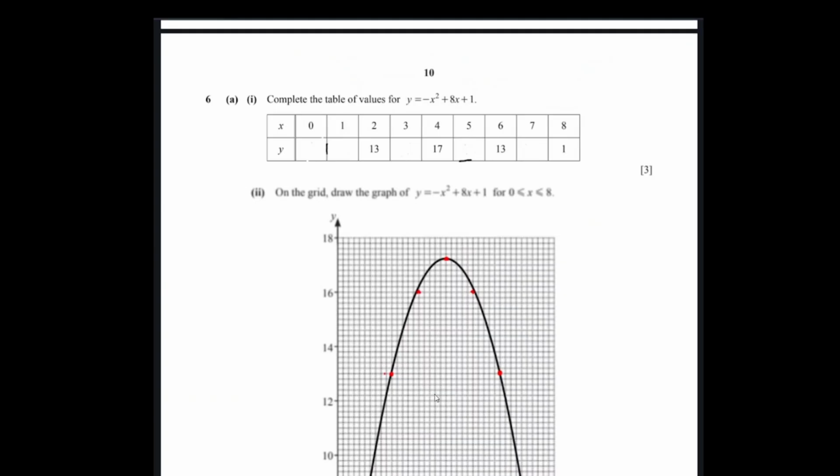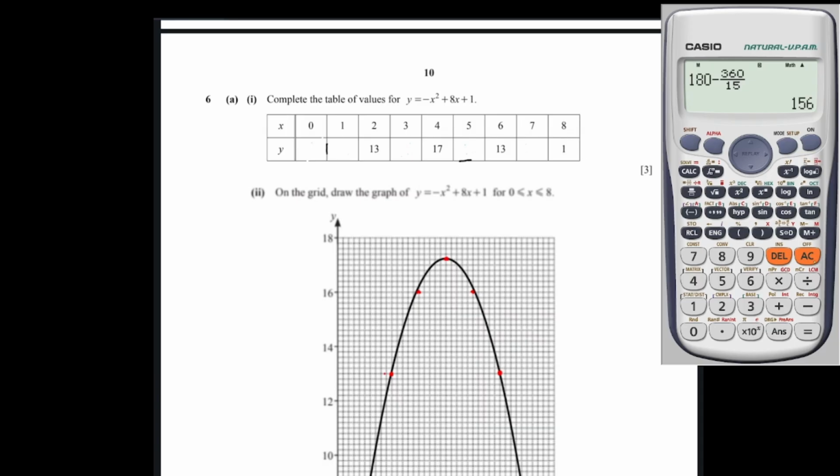Question number 6. Complete the table of values for y is equal to minus x square plus 8x plus 1. Now this is the table given to us, where x values are given from 0 to 8. We need to find the value of y. So do that using calculator.